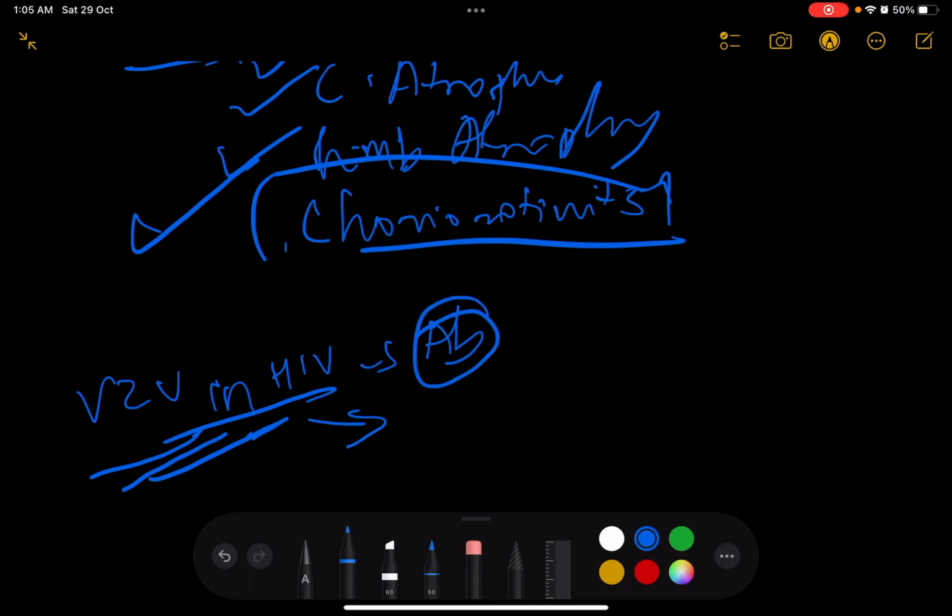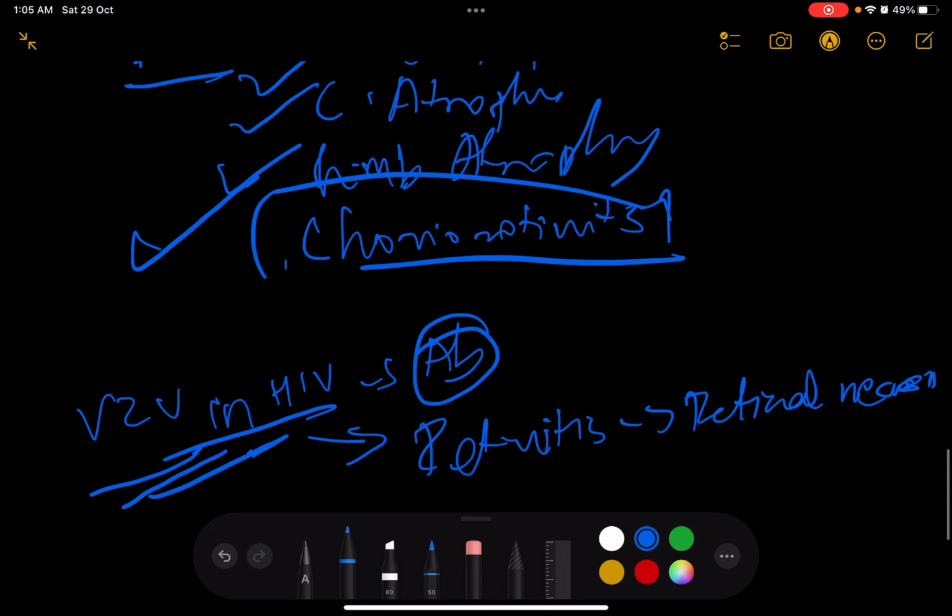Because you can have retinitis and then retinal necrosis because of varicella zoster in these HIV patients. So you definitely want to make sure you don't allow any of this.